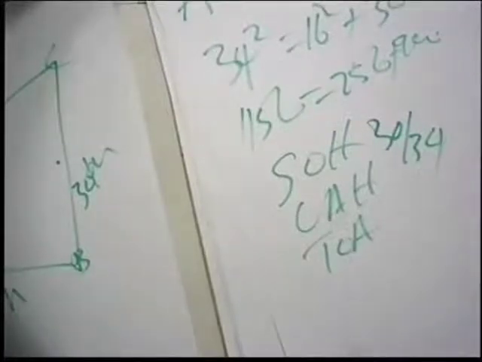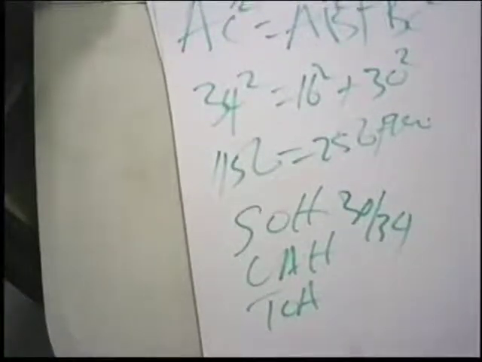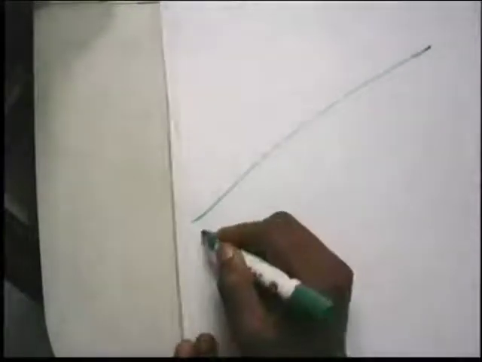Now, look at the question that you always miss. What is the bearing? What is the bearing of C from A? Don't forget, this is the diagram. It's a right angle triangle ABC.